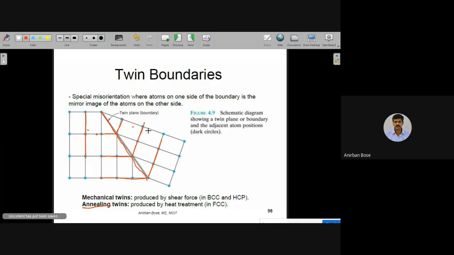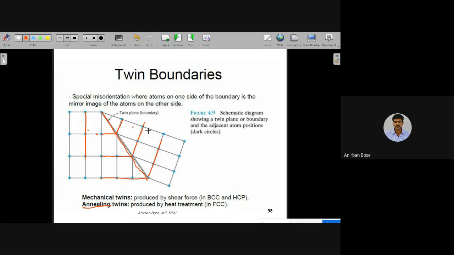And remember, twinning is another process by which plastic deformation takes place. One way you have already seen is that when the dislocation lines move out of the material through slip motion, permanent deformation takes place. But twinning is a process by which permanent deformation can also take place.